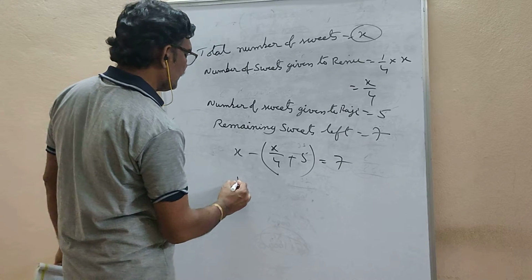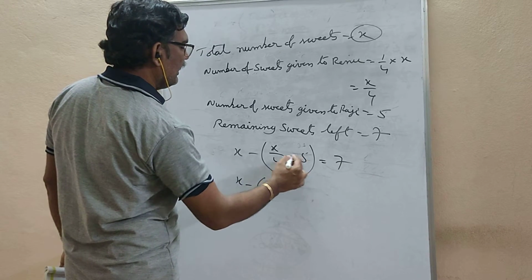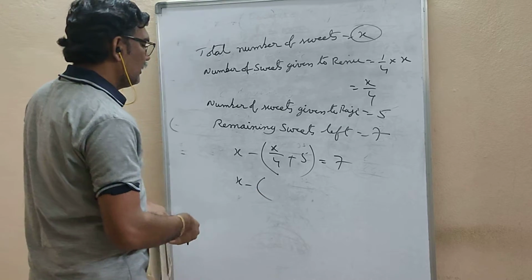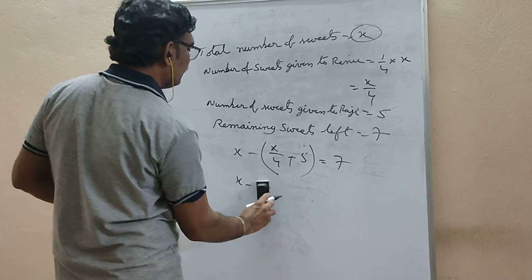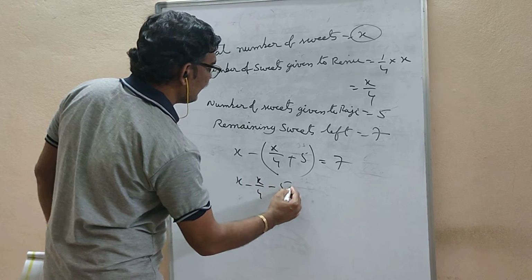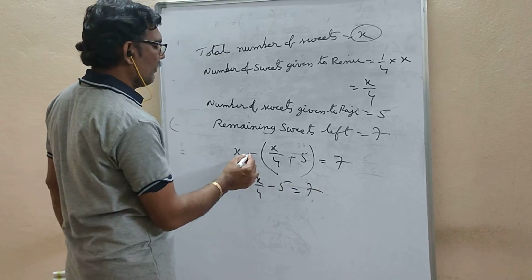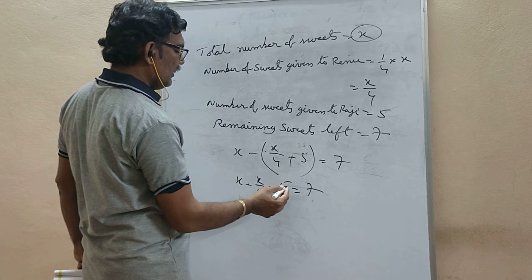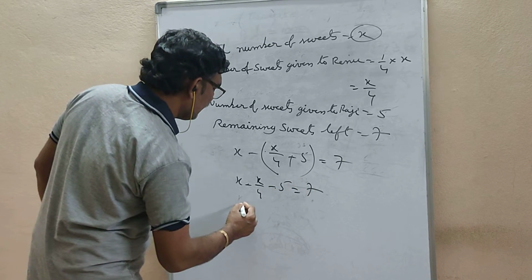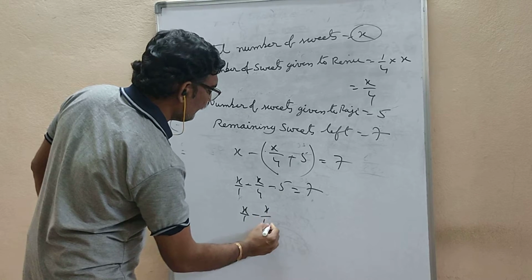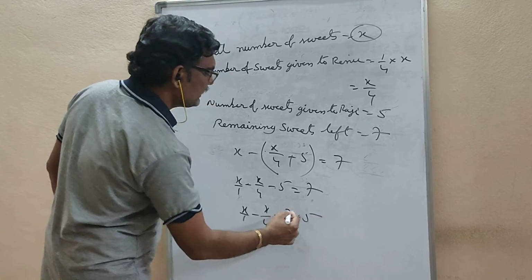You have to do simplification. x minus x by 4 minus 5 is equal to 7. Minus into plus is minus. So take the number to this side. x by 1 minus x by 4 is equal to 7 plus 5.